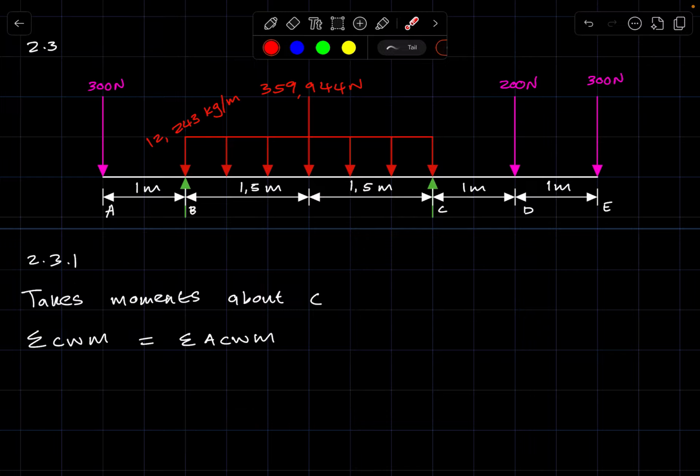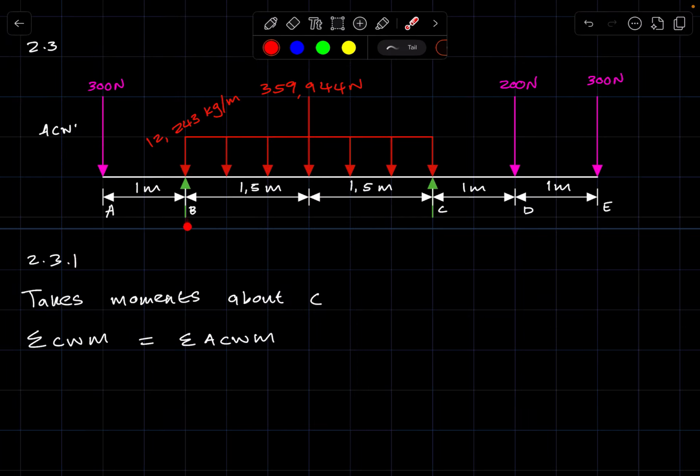You look at the turning effect it is going to have towards point C. It is headed downward, so the turning effect will be like this. Would you say this is clockwise or anti-clockwise? Obviously this is going against the clock. So when taking moments about C, this load in particular has an anti-clockwise turning effect.